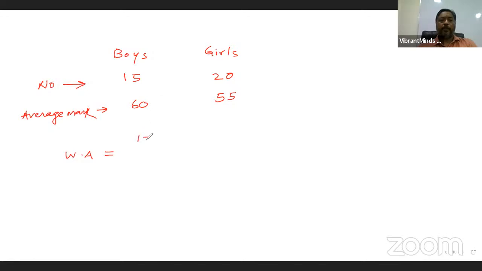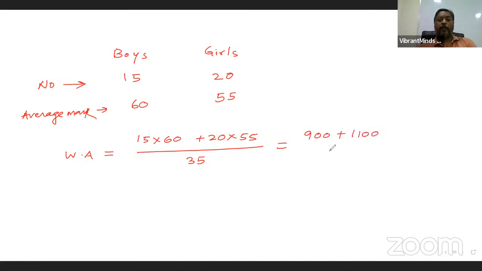It will be 15 multiplied by 60 plus 20 multiplied by 55, divided by 20 plus 15, and that is 35. So it is 900 plus 1100 divided by 35. So this is 2000 divided by 35.